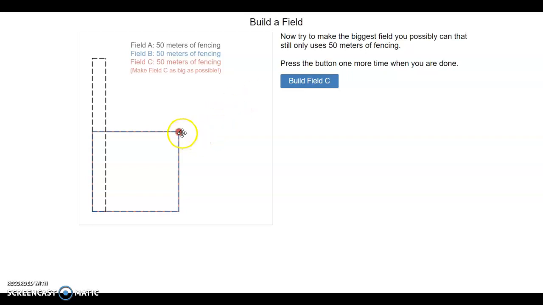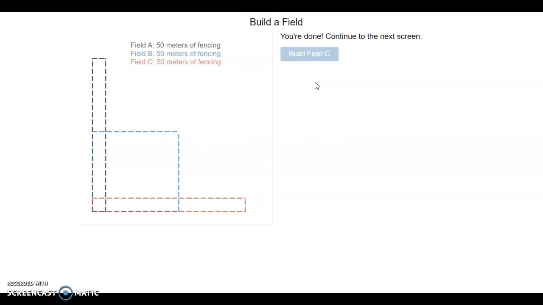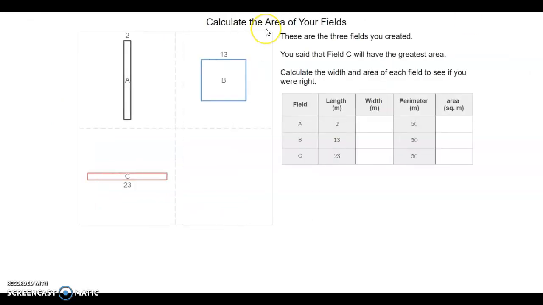All right then. I guess B was actually supposed to be the biggest one, but that's okay. So there's my 3 fences, 3 options. If you click the next button, we're going to calculate the area of all of our fields.